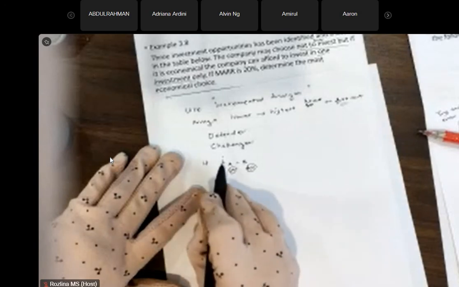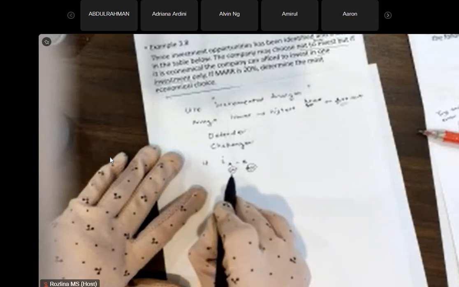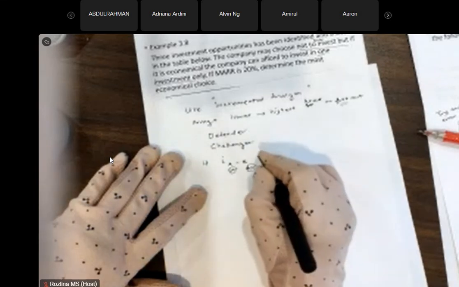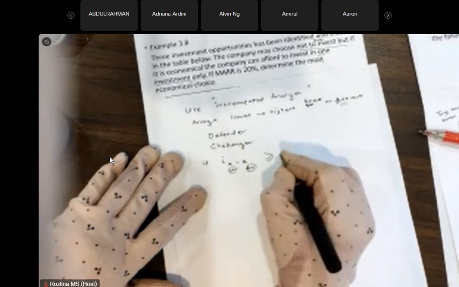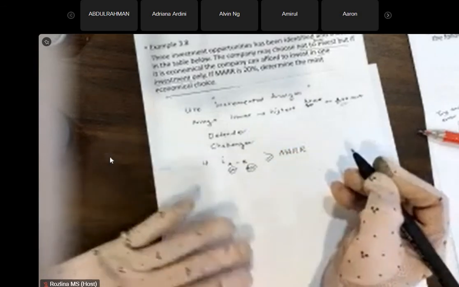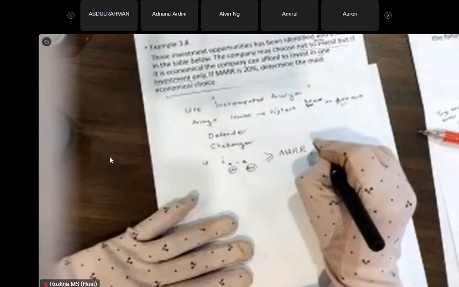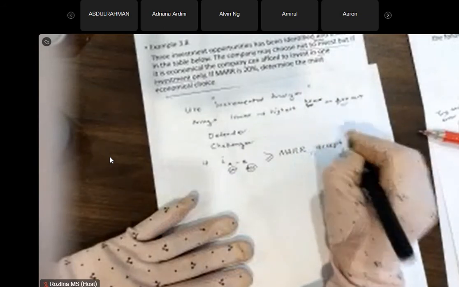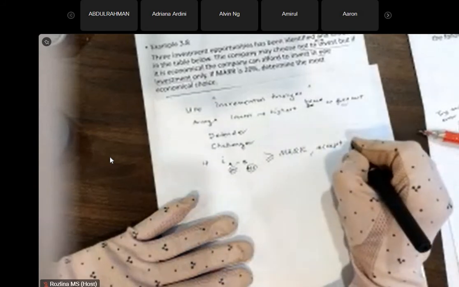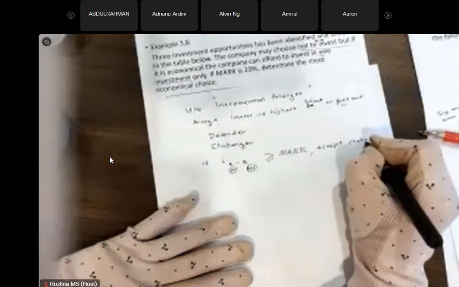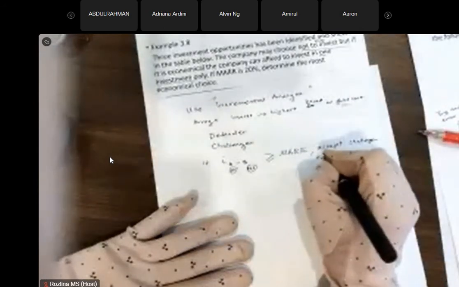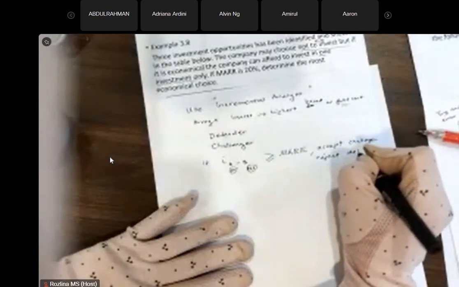Okay, if the I for challenger minus defender ini is more than or equal to the MARR value, so you have to accept siapa? Ni. Accept the challenger ataupun kita kata A lah kalau case ni. And then reject the defender.